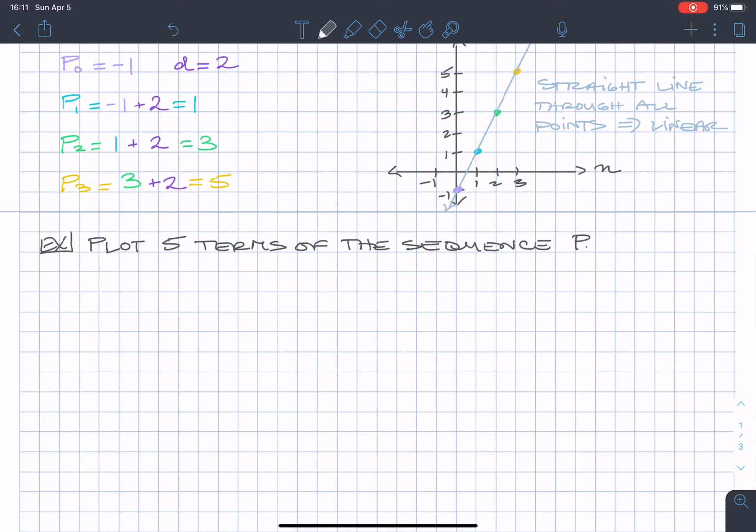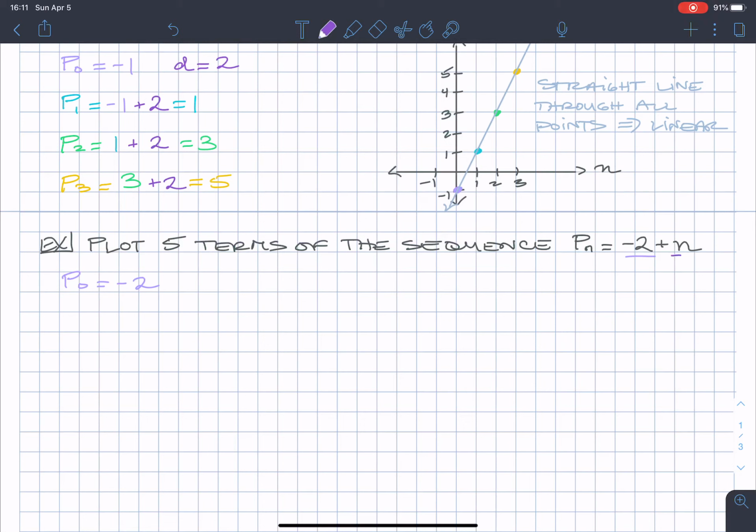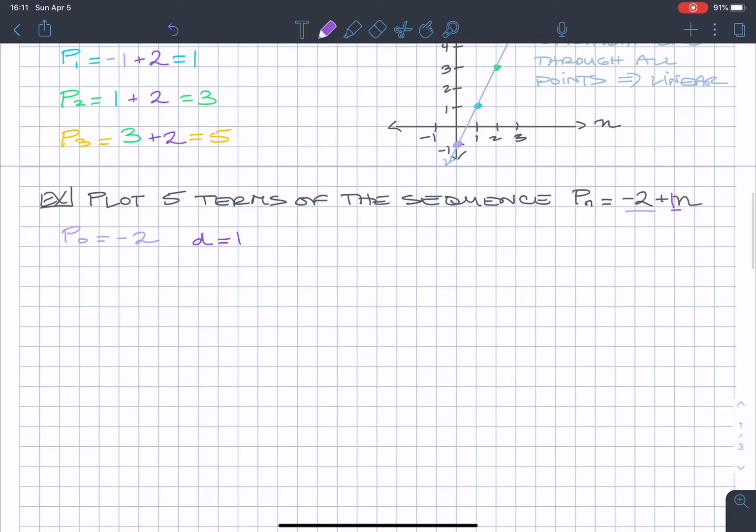Let's do p sub n is equal to negative 2 plus n. Okay, so I know the initial value p sub 0 is given as negative 2, but the common difference is just 1 if it's not explicitly written. So the d is 1, because there's always an implied multiplicative of 1 there.